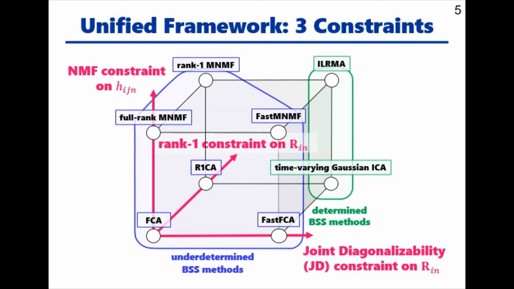Moreover, the difference between methods can be explained by whether or not three constraints are imposed on model parameters. These constraints are the joint diagonalizability constraint on R, the rank 1 constraint on R, and the NMF constraint on H. These three constraints are represented by the three axes.